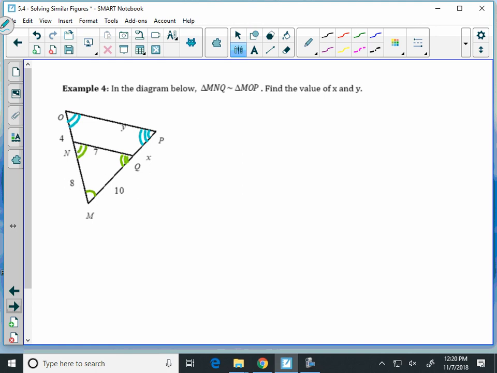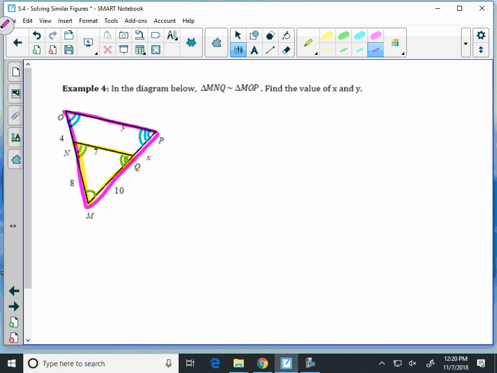These triangles are a little different because they're stacked on one another. We have this tiny triangle stacked on top of this big triangle. There you go. So how we set things up is a teensy bit different when you have these stacked triangles.